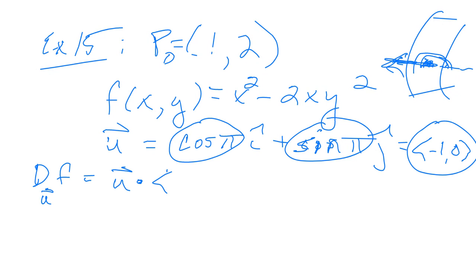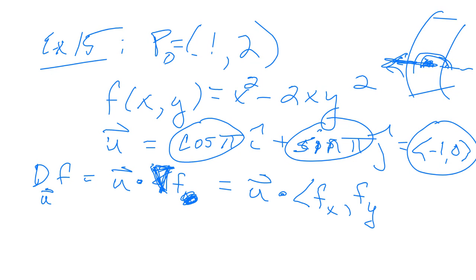So what's grad f? Let me write this out first. It's u vector dot grad f, and grad f is the partial of f with respect to x, partial of f with respect to y, as a vector. So the u vector is (-1, 0), dotted with the vector whose first component is the partial of f with respect to x.